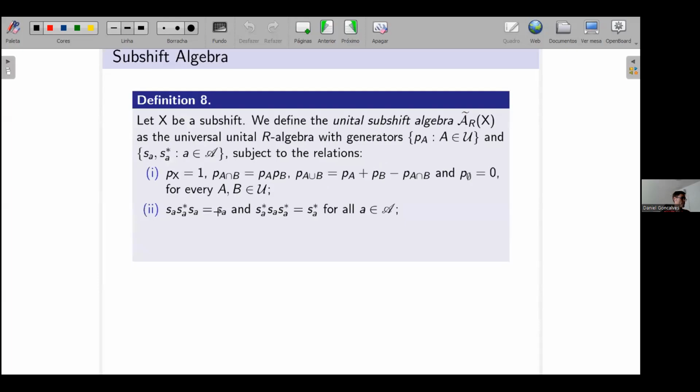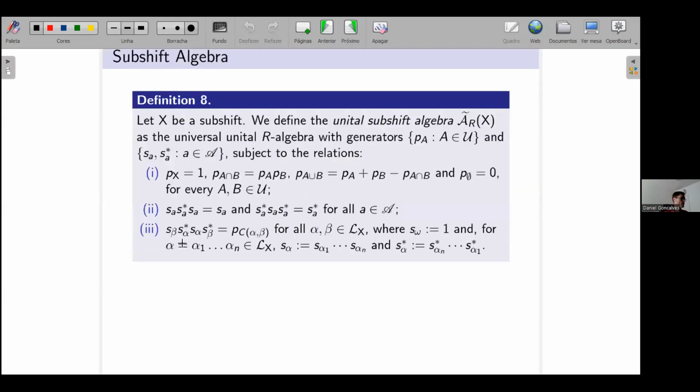The second is really saying that each S alpha star is a partial isometry. The third one is maybe a little bit more tricky. It's connecting the S's with the P's.